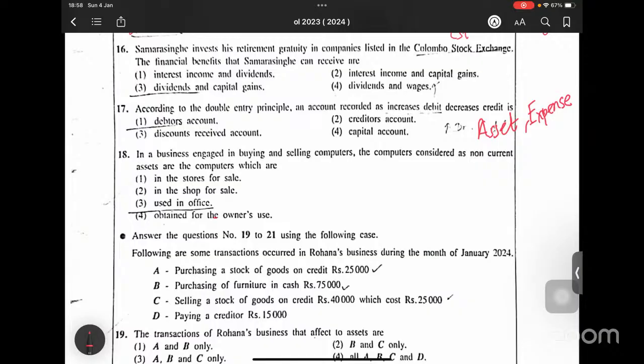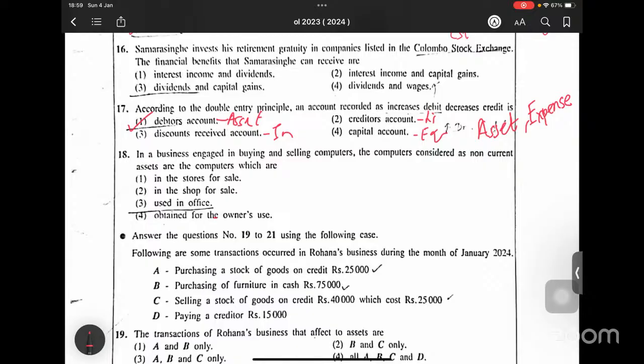Asset. So the first one is the answer. Creditors account, it is liability. Discount received, we are receiving a discount, that is income. Capital account? Equity.